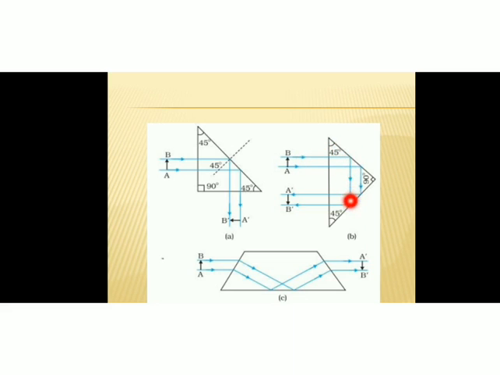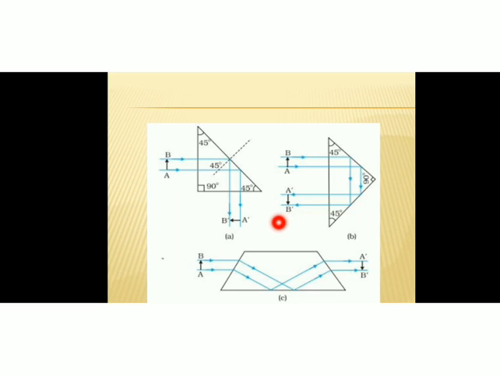And here also these two rays are made to fall on this face of the prism at an angle greater than the critical angle. So again these two rays are reflected back, and finally these two rays emerge out from the prism and produce an inverted image of the object.